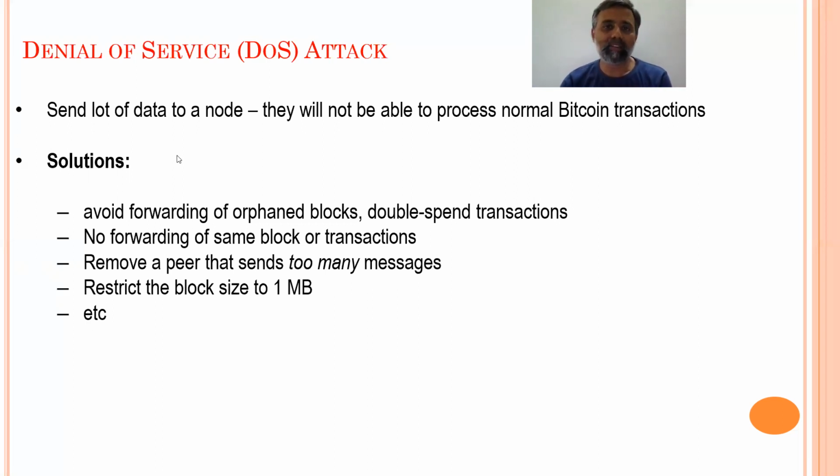To avoid this type of attack, some guidelines are: avoid forwarding orphan blocks, avoid forwarding double spend transactions, and no forwarding of the same block or transaction again and again.